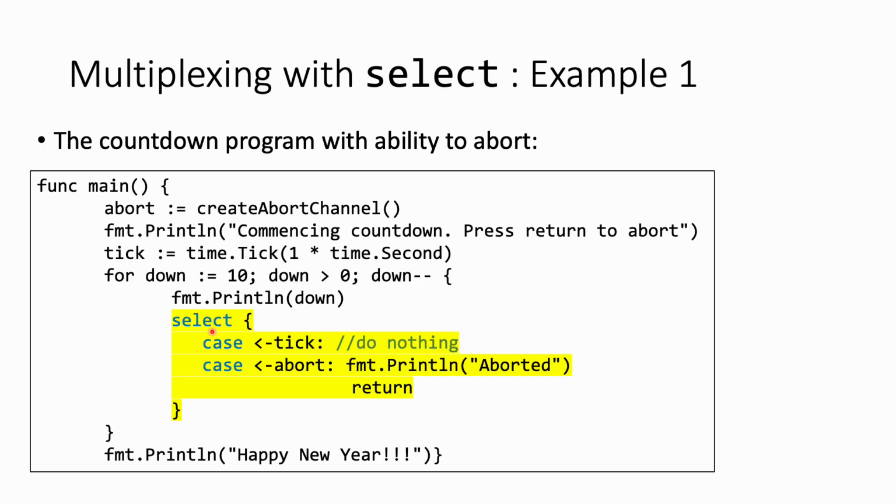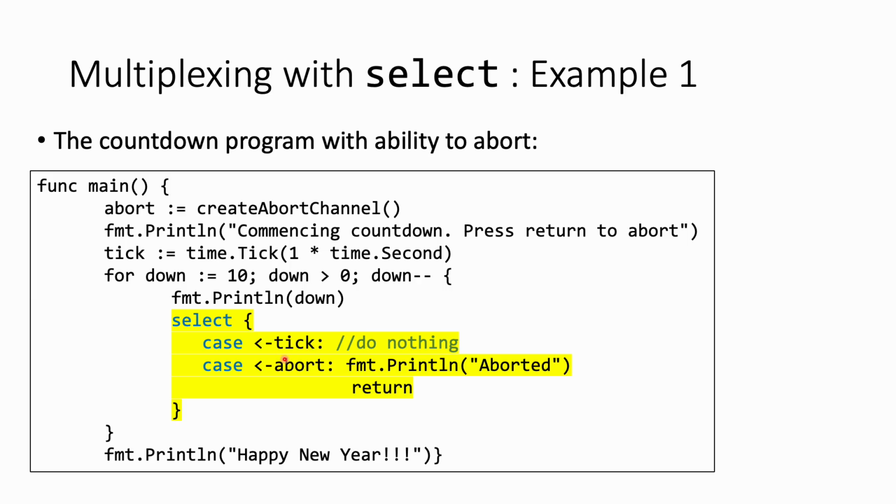The select statement has two cases. The first case is receive from channel tick and does nothing when this case is ready. The second case is receiving from channel abort, and when this case is ready, it prints out aborted and terminates the program.